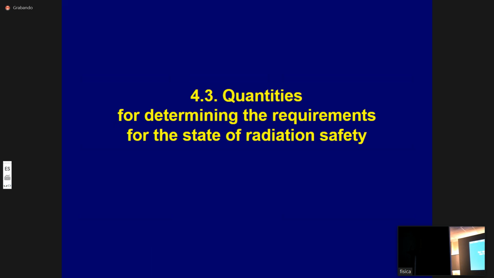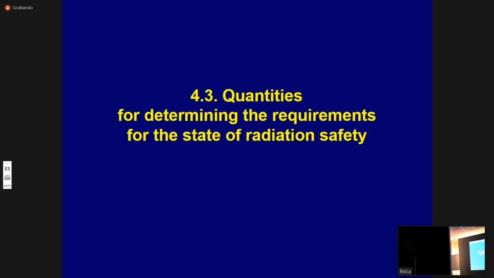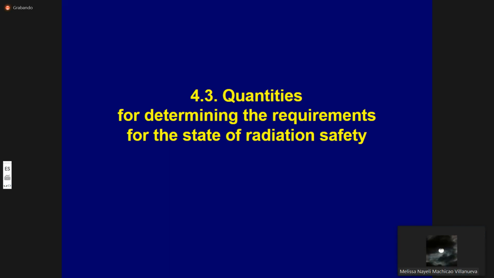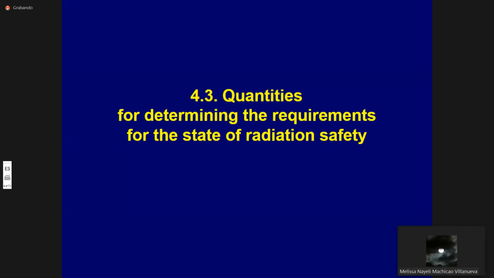Now we come to the quantities for determining the requirements for state radiation safety. In this section, we will consider the summary quantity, the effective dose, which is used to characterize the conditions of exposure under which the objectives of ensuring radiation safety can be considered achieved.